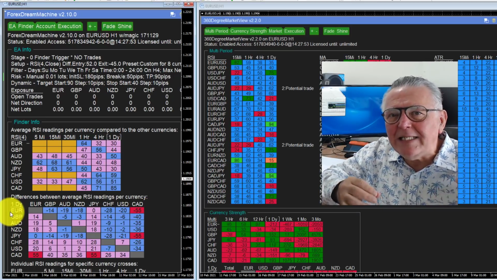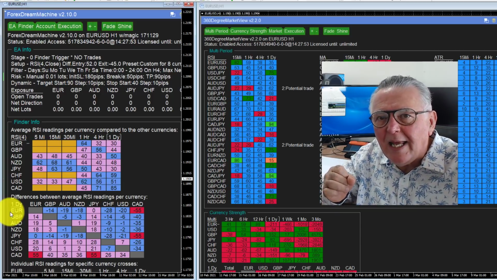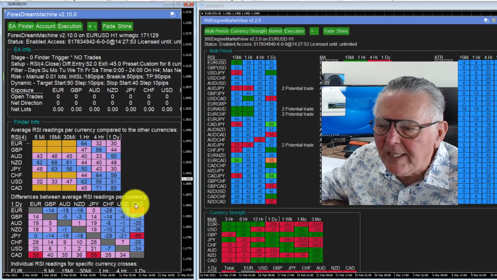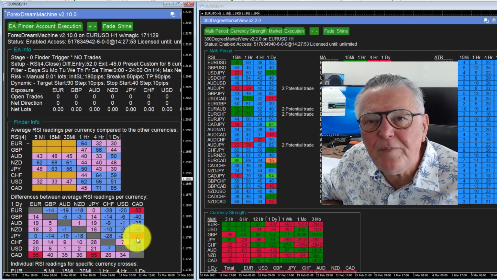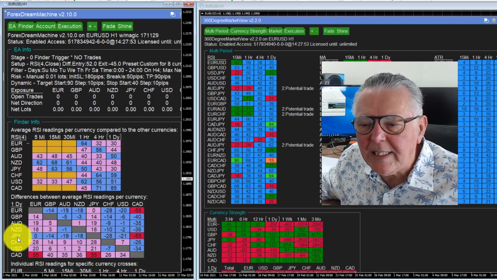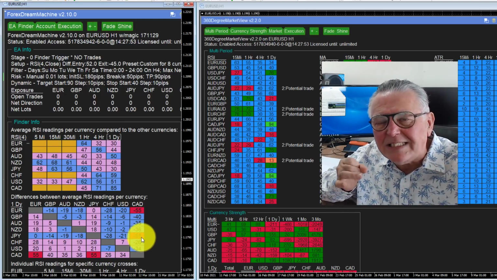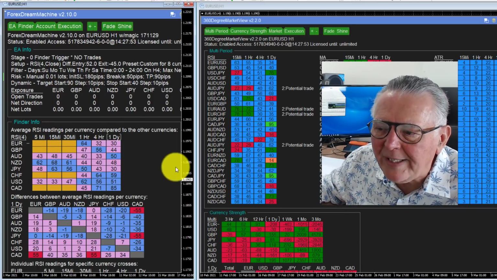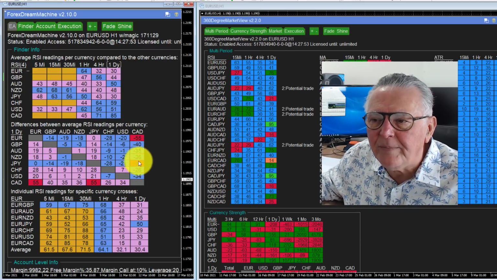So that's telling us that those two currencies are far apart, and those are likely trading currencies. The same thing applies here to the CAD yen. The CAD is 55 units strong and the yen is 55 units weak, and again, that's the difference between the two. So the finder on the Forex Dream Machine tells you all that information.